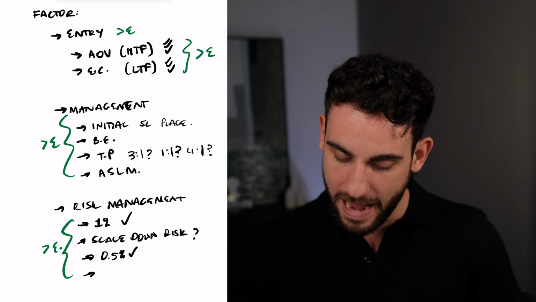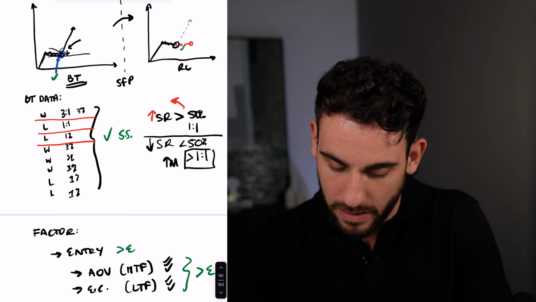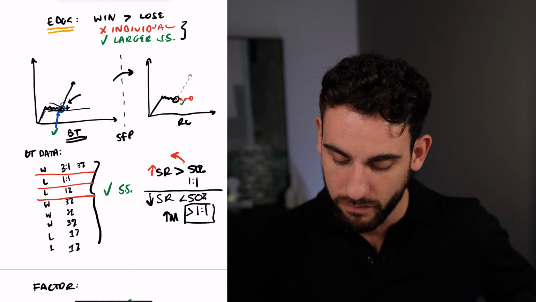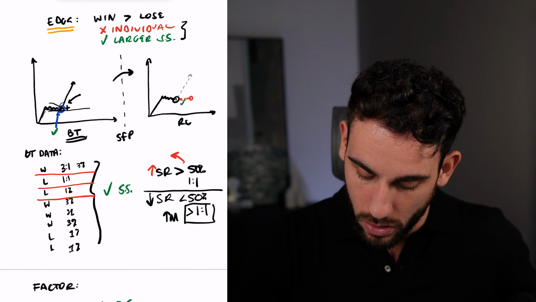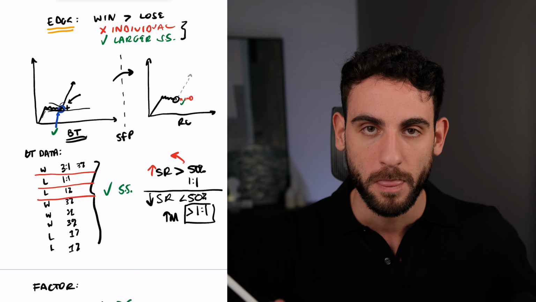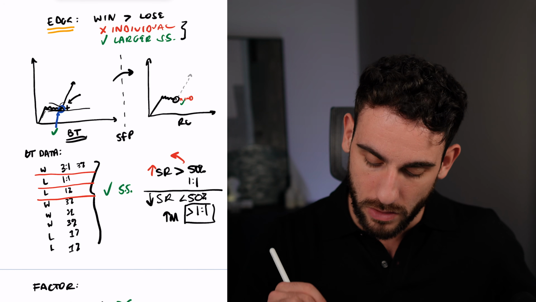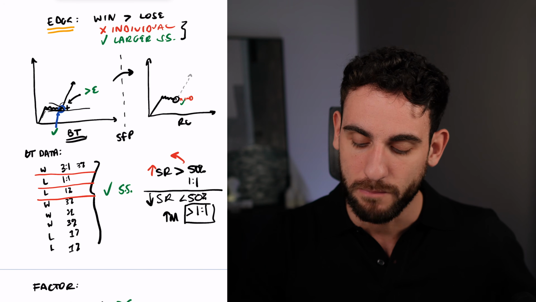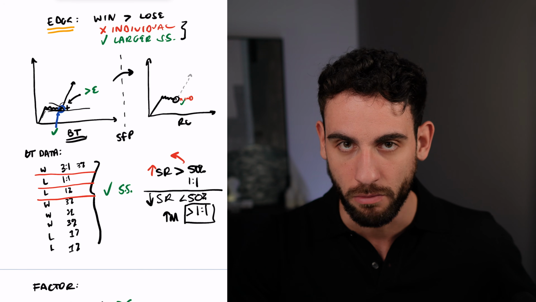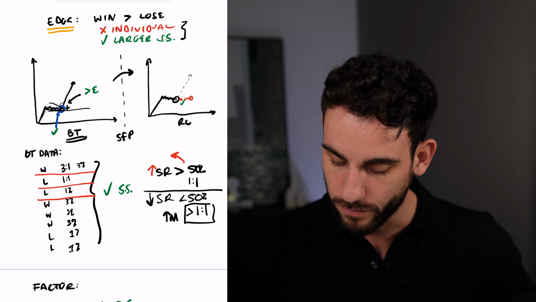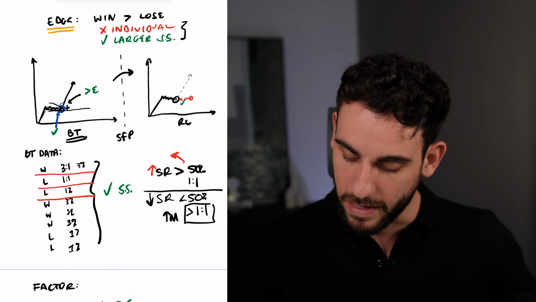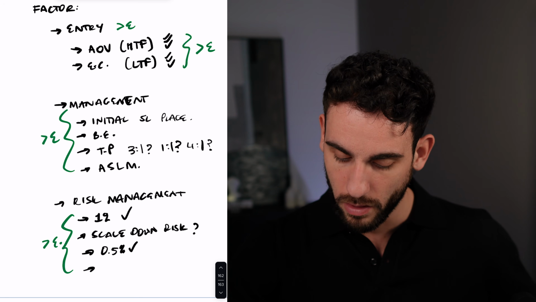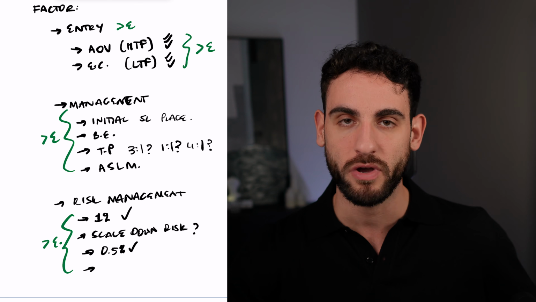Okay, so by the end of going through all these factors and testing it in the back-tested market, in the previous market conditions, based on your entry, your management, your exit and your risk management, you need to make sure that if you did that more times than not, you're going to end up profitable.